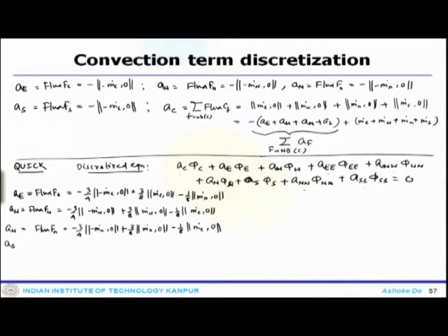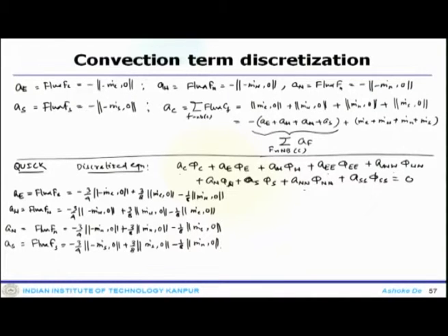And A_S is flux F_S, which is minus 3 by 4 minus m dot S 0 plus 3 by 8 m dot S 0 minus 1 by 8 m dot N 0.